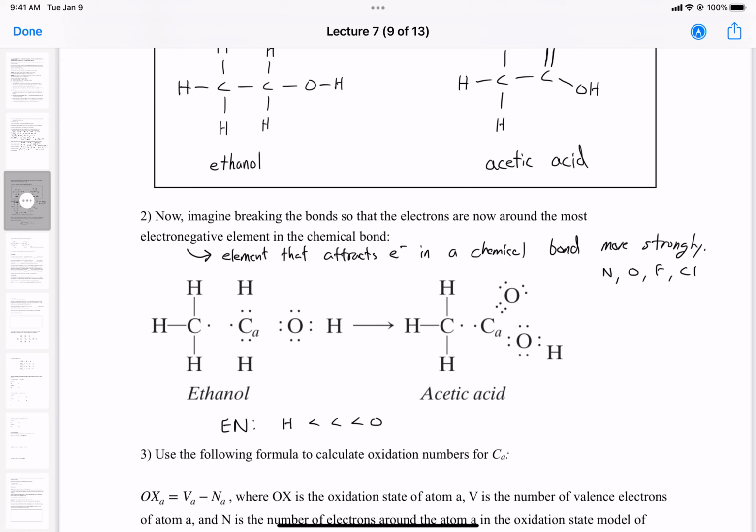So just imagine that these bonds here, we're going to break them. We're looking at carbon A first, right? For ethanol, let me just put an arrow here. You see we broke the bonds here, and we put an electron on both carbon atoms.